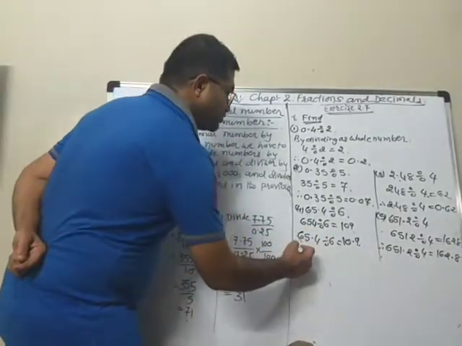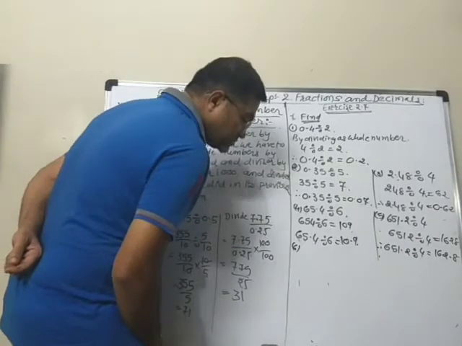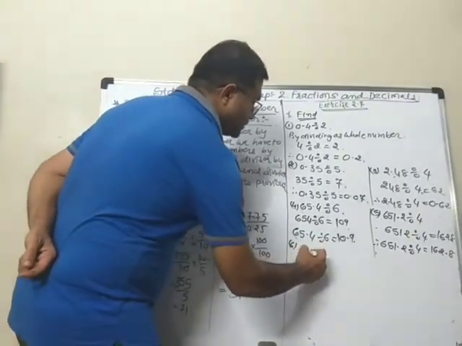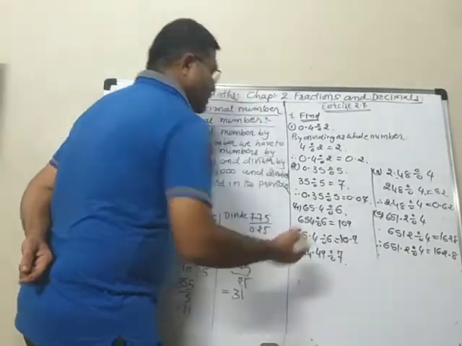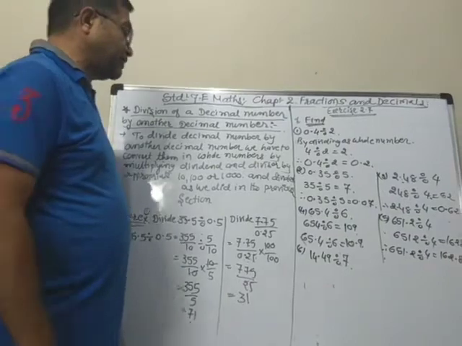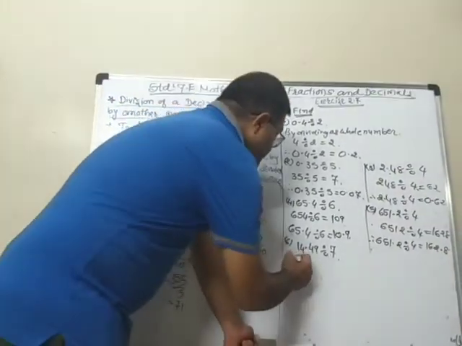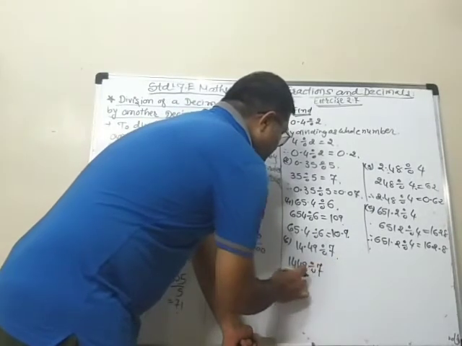Then the sixth one. In the sixth one, it is 14.49 divided by 7. Now 1449 divided by 7.